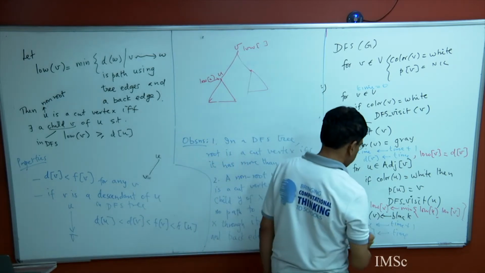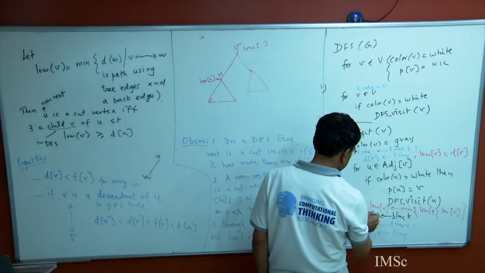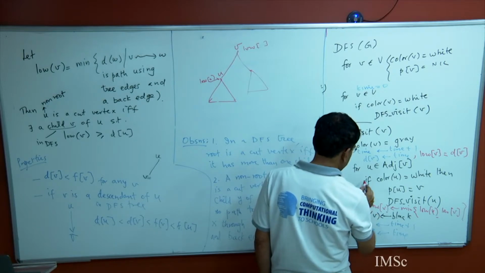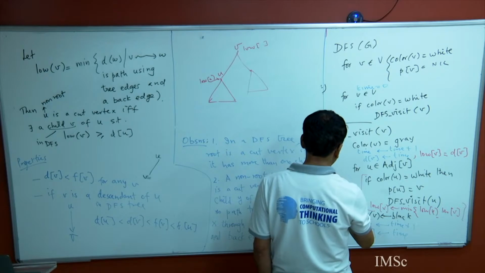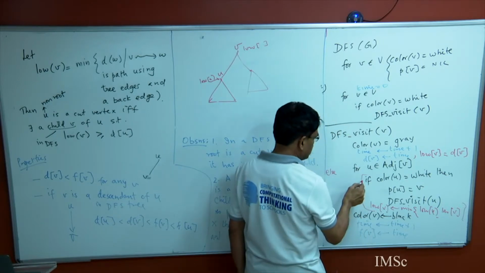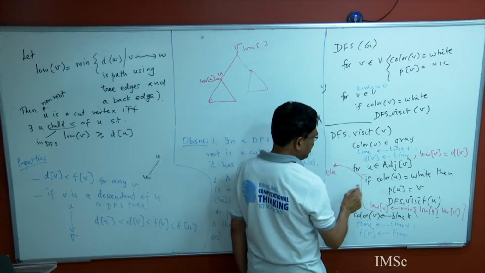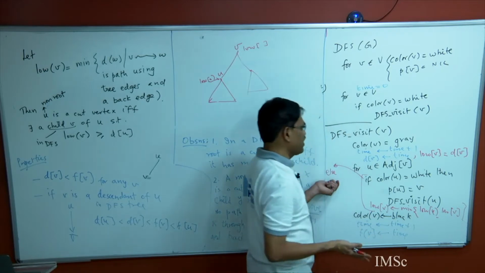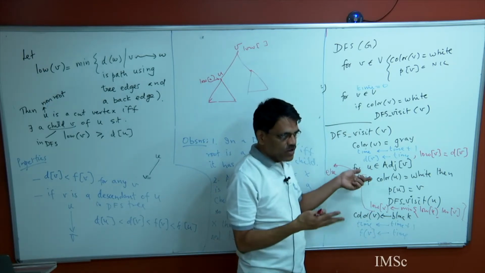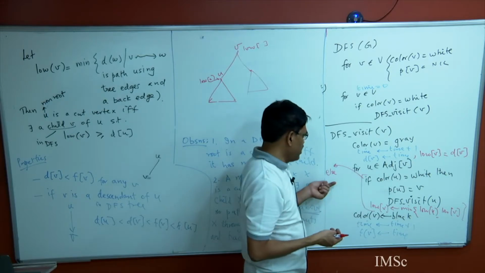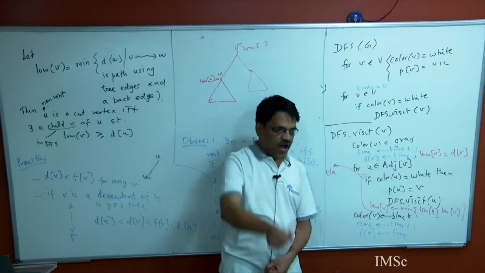So I come here. If color is white, I do this. Else, this else is for this if, which means color is not white. Color cannot be black because I am gray, I'm exploring, so it has to be gray. If it's gray, that means this is a back edge.